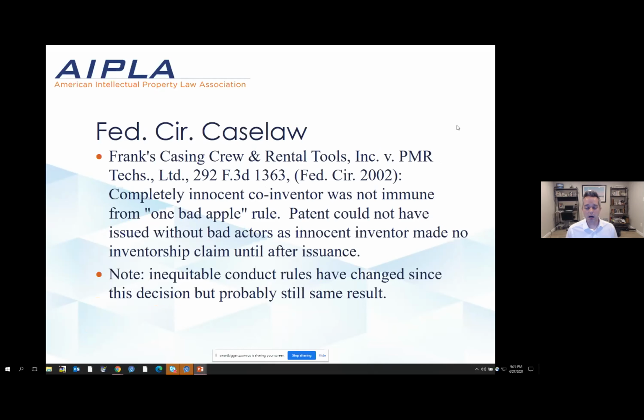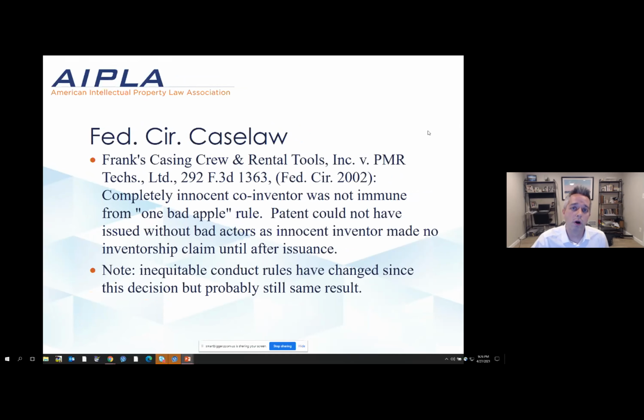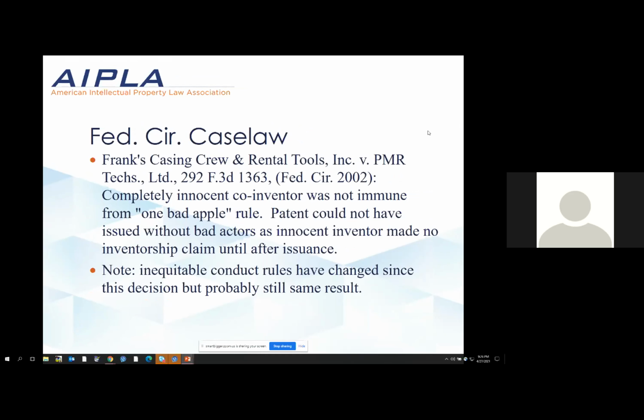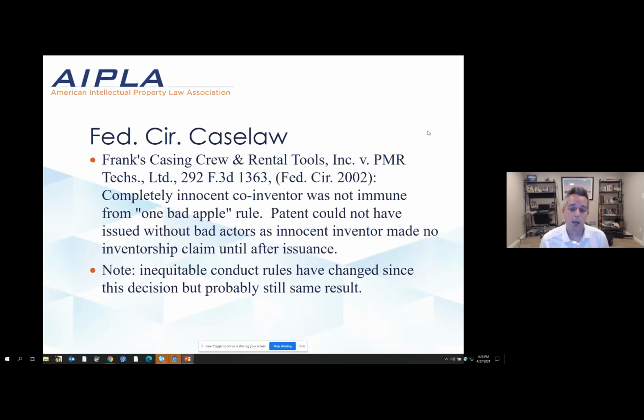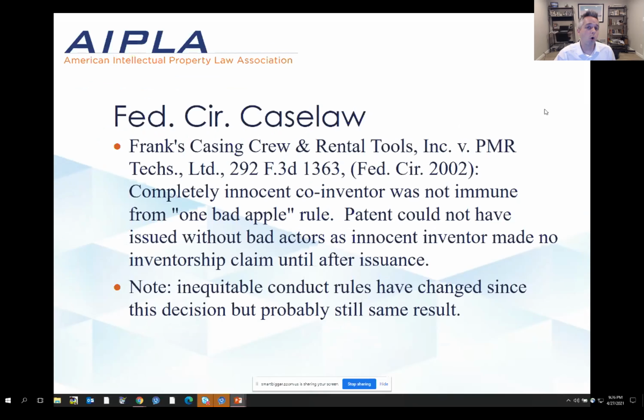But because all of the inventors on the patent had committed inequitable conduct by fraudulently listing themselves as the inventor rather than, in our case, John, the courts found that the patent was not only unenforceable, but it couldn't be fixed because, as in John's case, there were no innocent co-inventors listed on the patent, so there was no way to save it. The entire prosecution had been declared fraudulent, and there was absolutely nothing left to salvage.